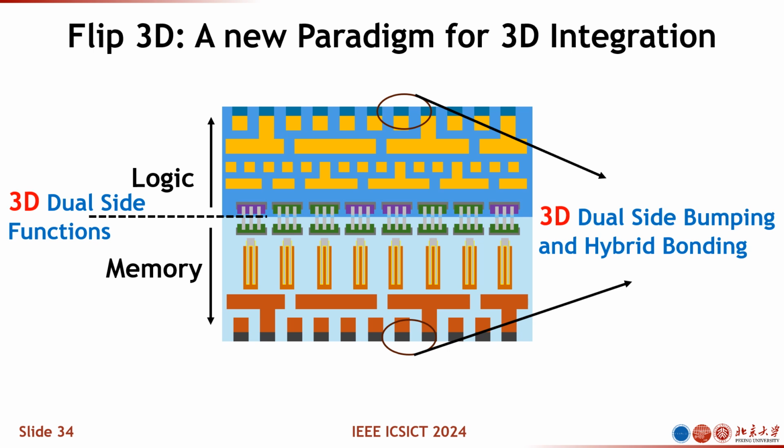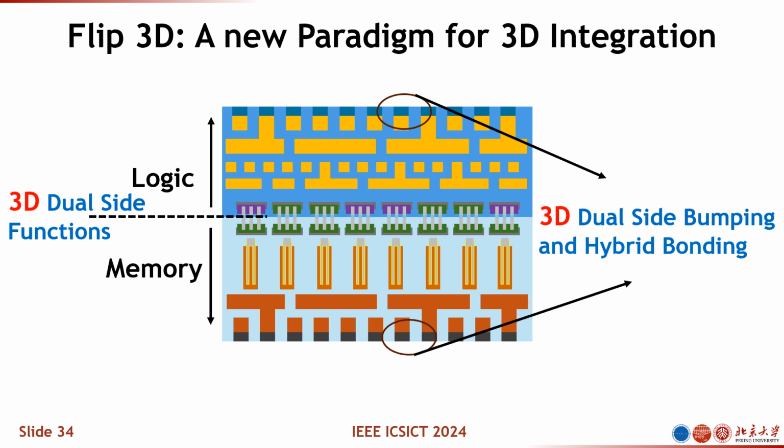For the hybrid bonding we have now, the standard way is to do wafer face-to-face or chip face-to-face hybrid bonding. You cannot do hybrid bonding of chips in a way like face-to-back or back-to-back bonding.